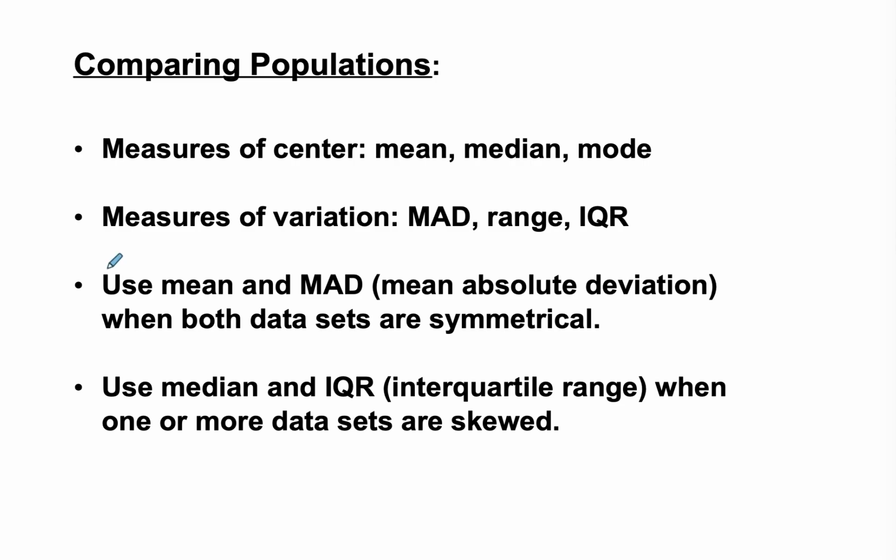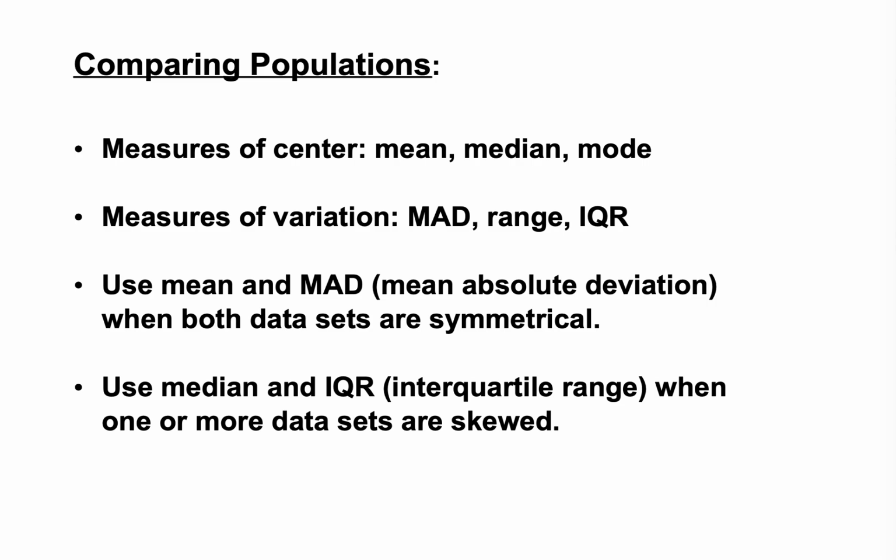We use the mean and the MAD when both data sets are symmetrical. Symmetrical means if we folded it in half, it would be about the same on each side. We use the median and the IQR, the interquartile range, when one or more data sets are skewed. Skewed means there's a lot more on one side than another.